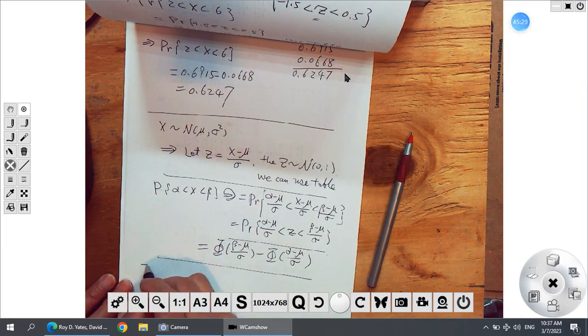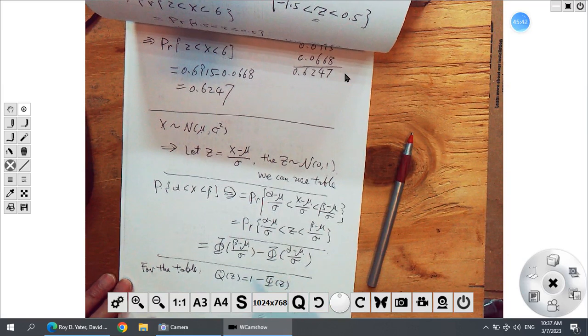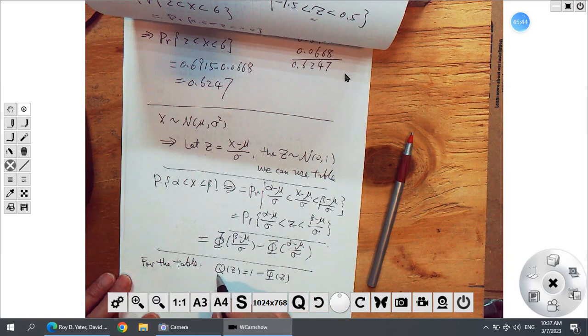And for the table, we should know something. First, Q of z is 1 minus phi of z. If you find the value from the Q table, you need to find what phi is according to this.